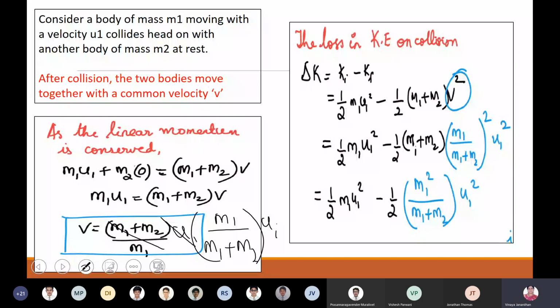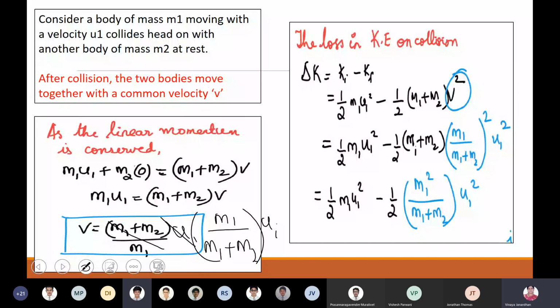So it will be half m1 u1 squared. Are you able to complete these things, boys?